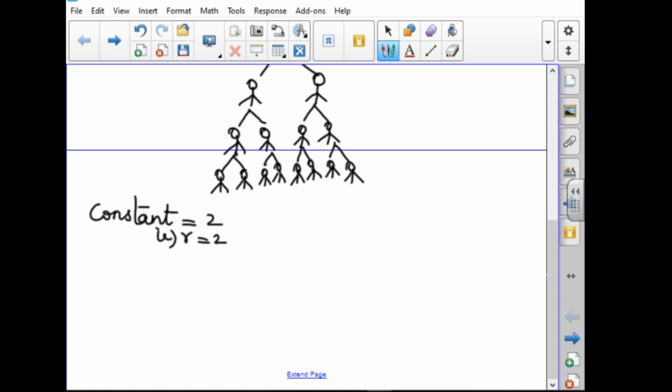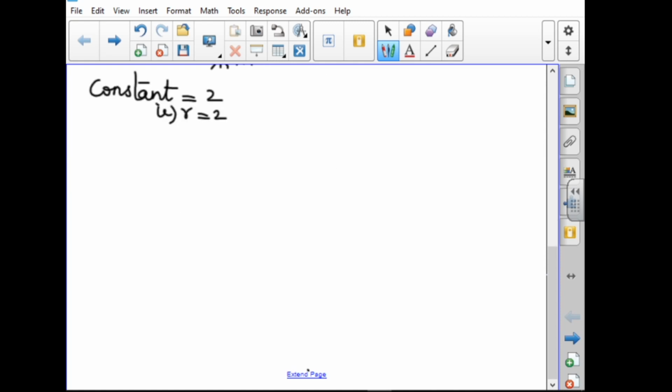In the AP it may be increasing or decreasing, but in the GP the terms will be increasing only, not like AP. So the definition.